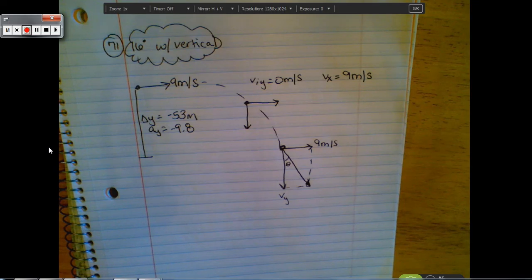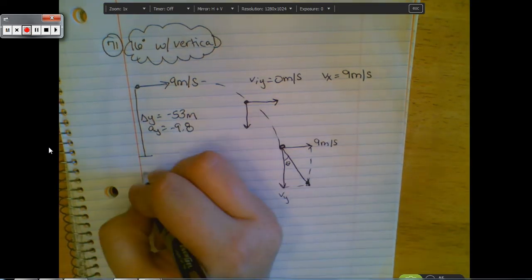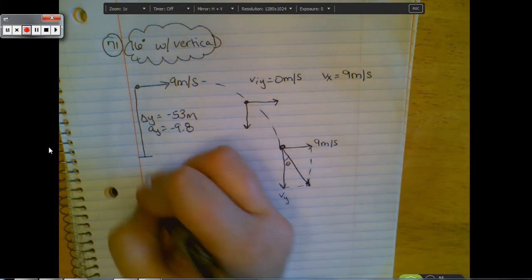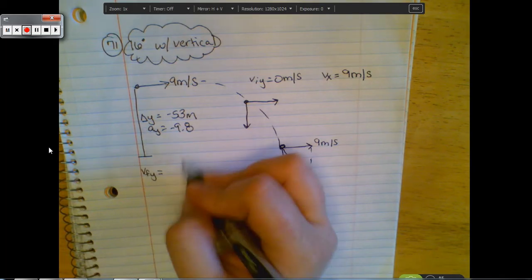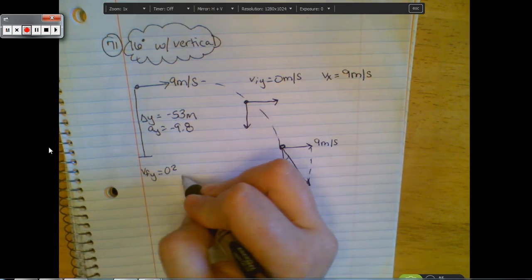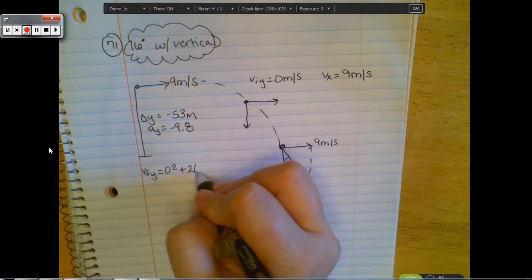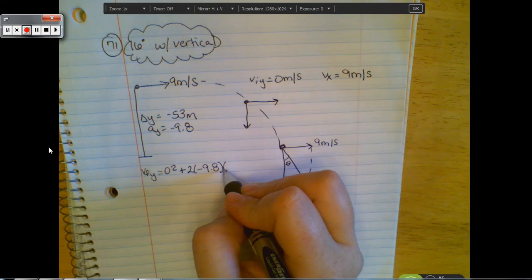Well, I can just find my final velocity by using the v_fy equation. So I'm going to say v_fy squared equals v_iy squared, so 0 squared, plus 2a delta y. Now delta y is this negative 53.